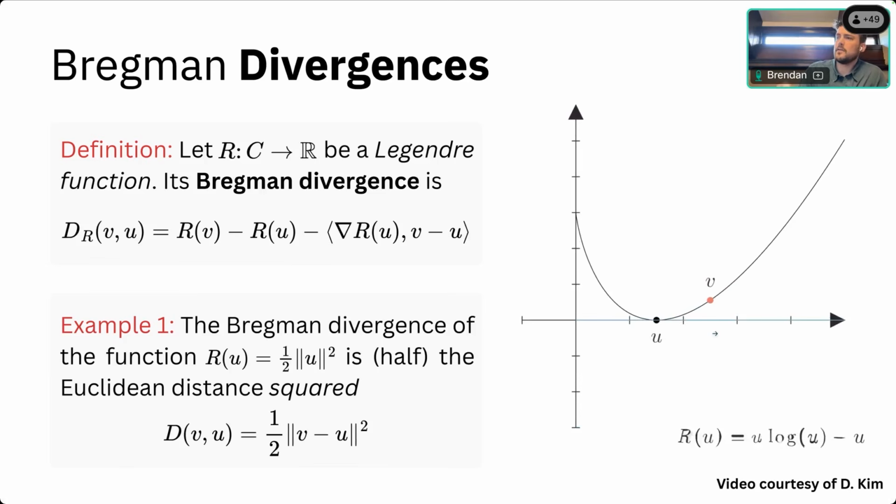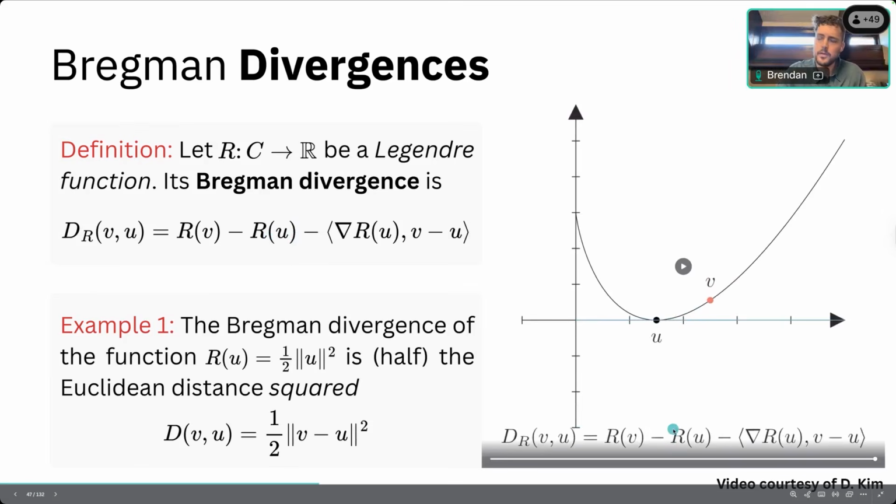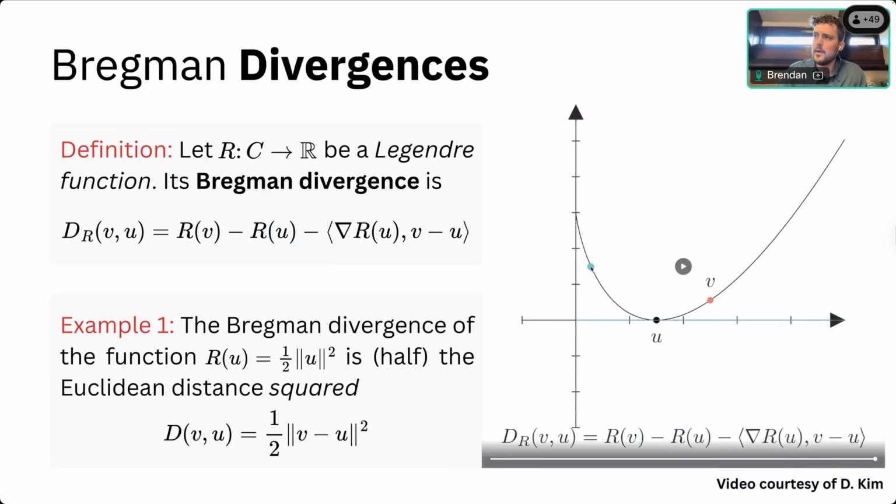So if we now basically rotate our function by subtracting off this linearization, we see what the Bregman divergence is. It's an everywhere non-negative function. It's non-symmetric, and it's this generalized squared distance between U and V.